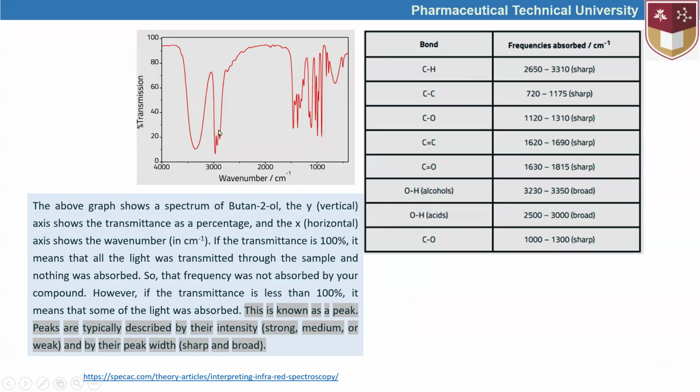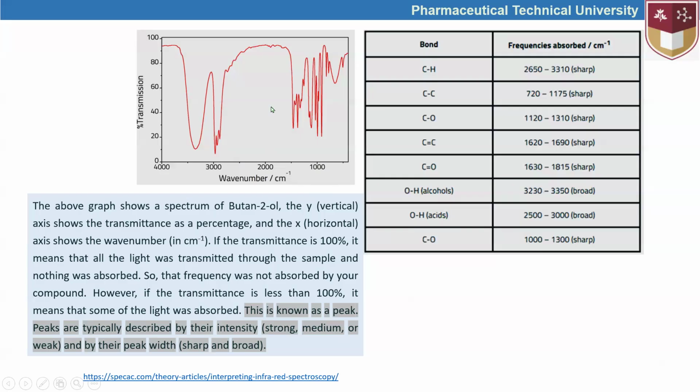So this absorbance might belong to CH groups or some other groups that could have other interactions, for example OH group in alcohols, OH group in acids, something like that.